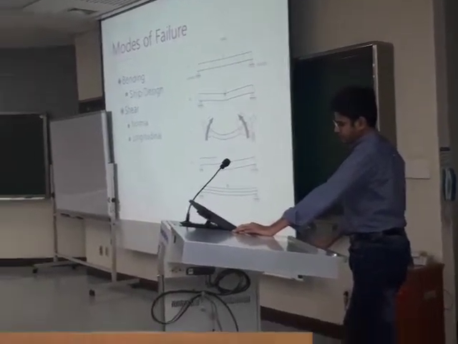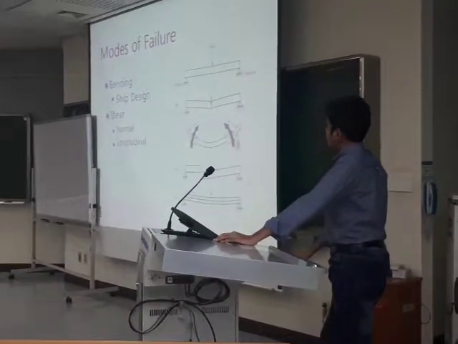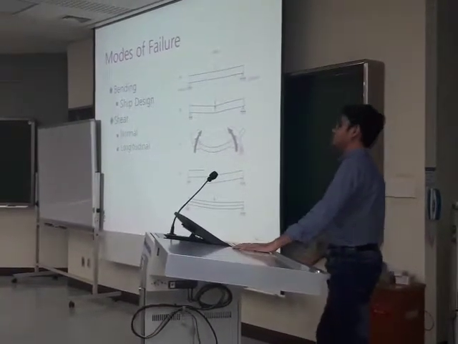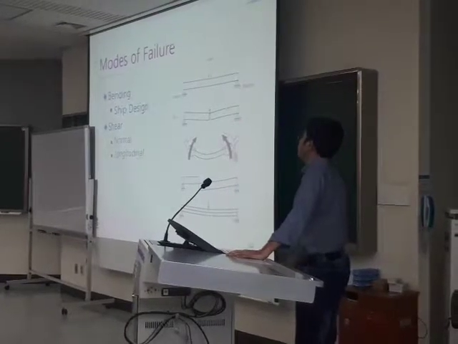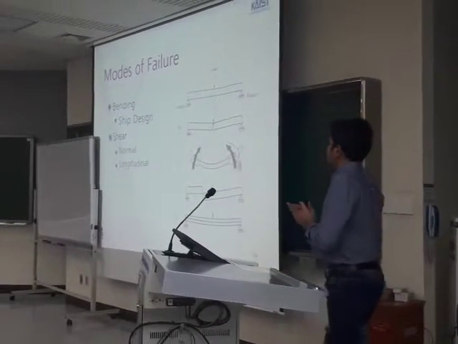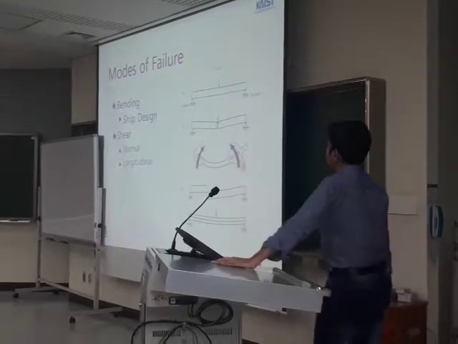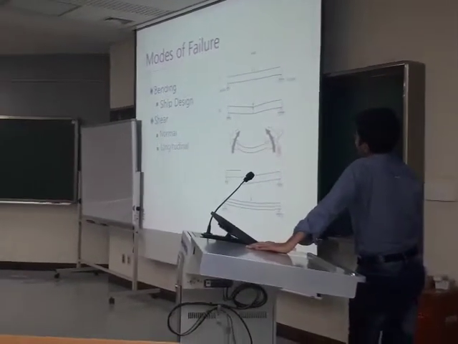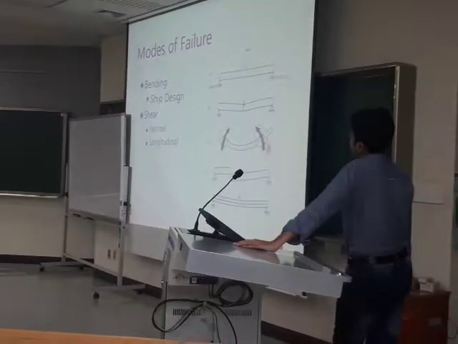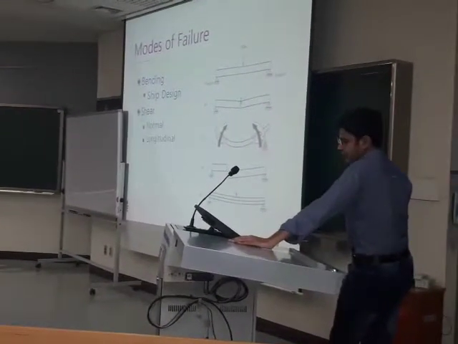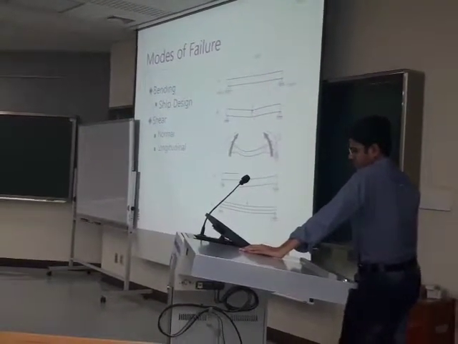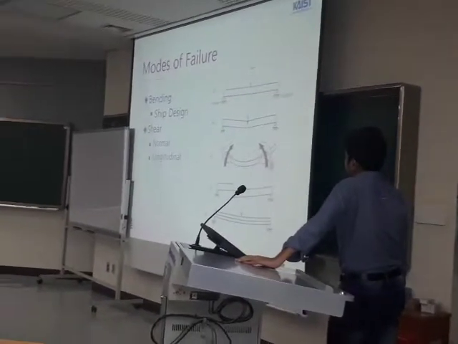Modes of failure. So in the longitudinal strength case, we consider our whole hull as a simple beam. So the failure of the beam can occur due to the bending and due to the shear. But in the ship case, bending is more critical than the shear.